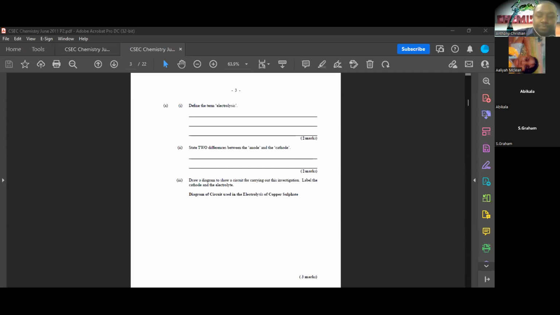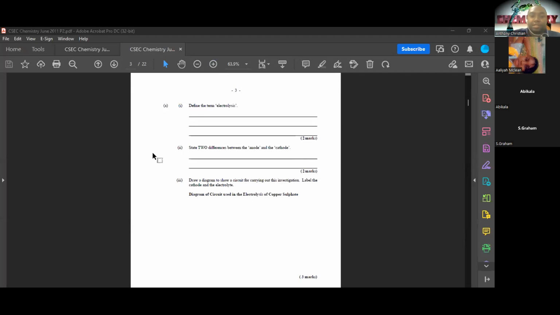Now, the diagram. Based on the objectives, you must be able to draw a circuit diagram. Based on the question that you are given, you're supposed to draw the diagram and label the cathode and the electrolyte. What would be the cathode and what would be the electrolyte?